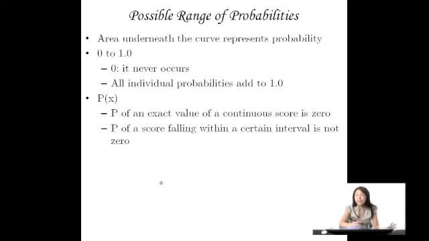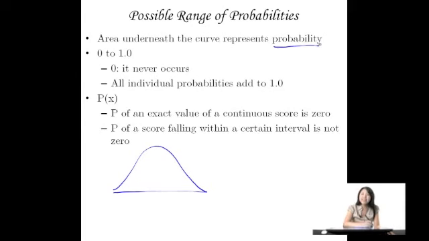All right, so let's talk about the range of probabilities that are possible underneath the normal distribution, or the normal curve. So the area underneath the curve represents probability. Now the entire area underneath the curve, if I colored everything in, that probability equals 1, right?